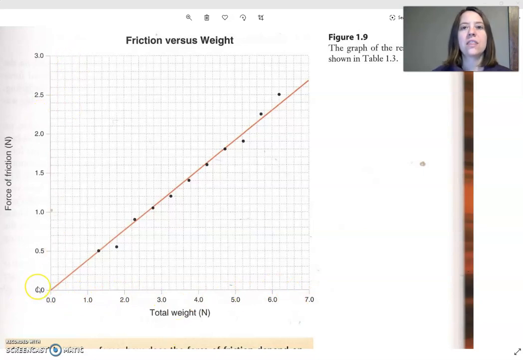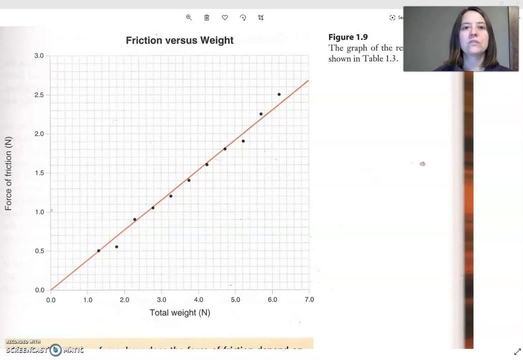So we know that there is a proportionality between weight and friction, that they have a relationship. We also know that it is a linear relationship, just like we were studying, and that the slope of this line is the proportionality constant between weight and friction, which now has a special name, the coefficient of friction.